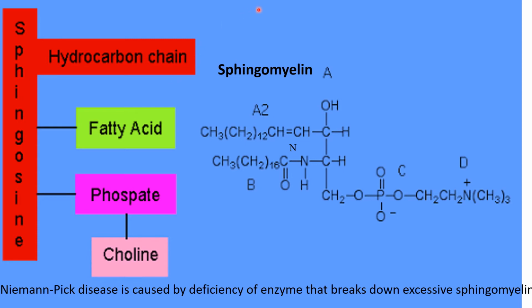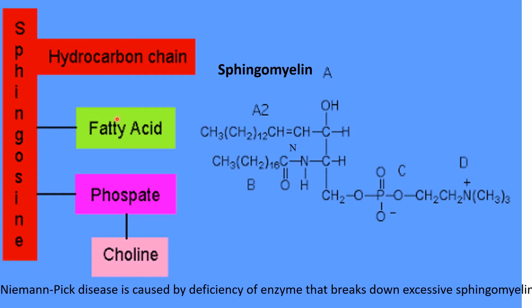This is the structure of a sphingophospholipid called sphingomyelin. This red structure is the structure of sphingosine. Sphingosine is an amino alcohol, and when a fatty acid is attached to this amino alcohol, it is called ceramide. So ceramide is the combination of sphingosine with the fatty acid.